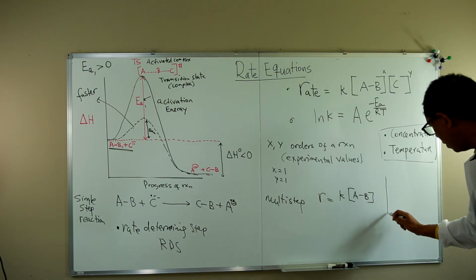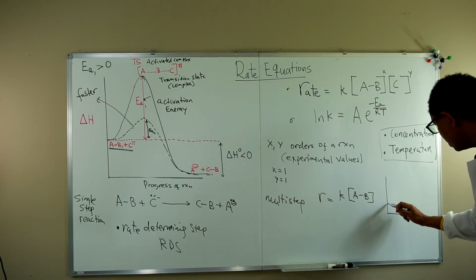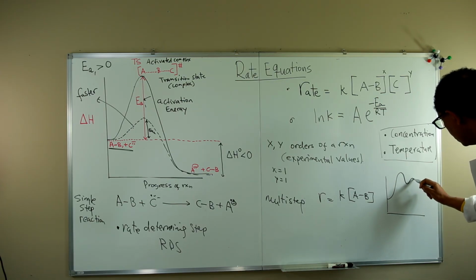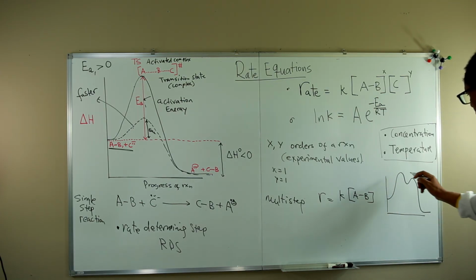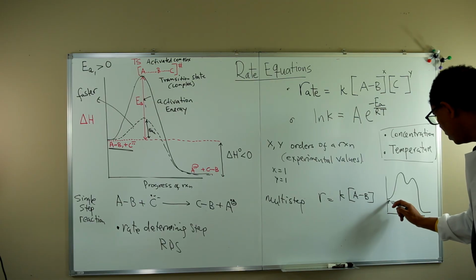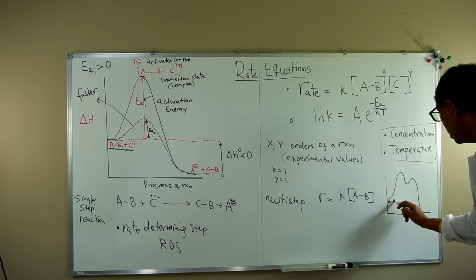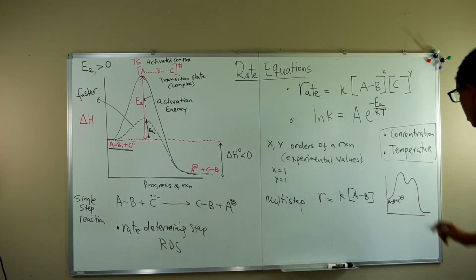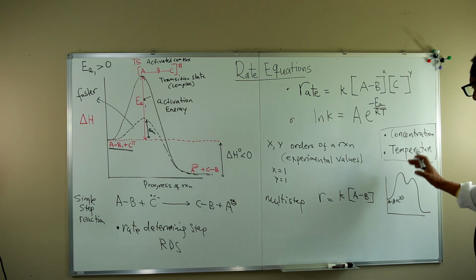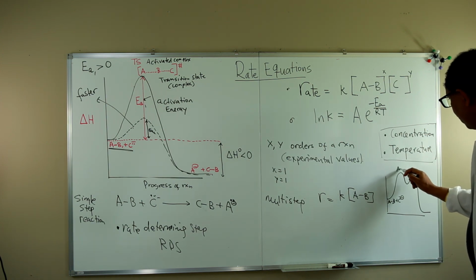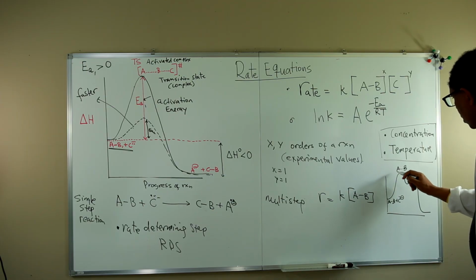For example, in this reaction, you have AB reacting with C. The first rate determining step, the one with the highest activation energy, is the breakage of AB.